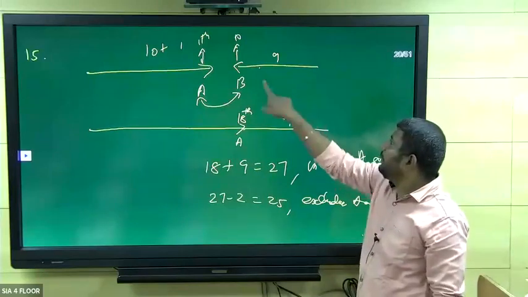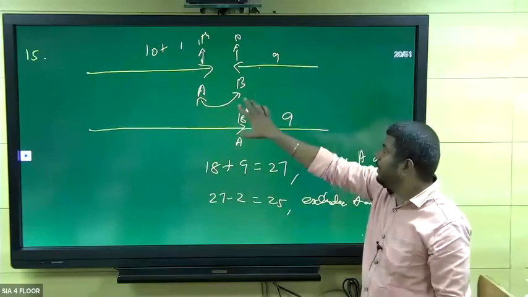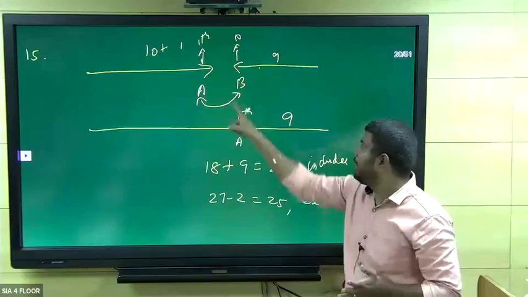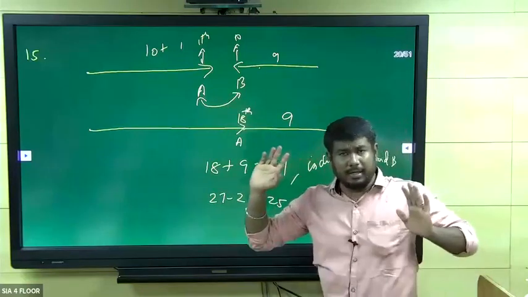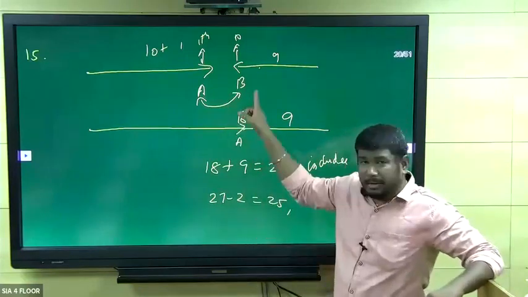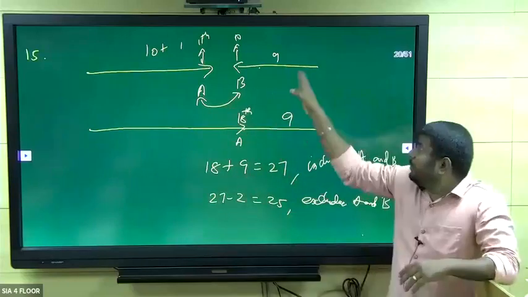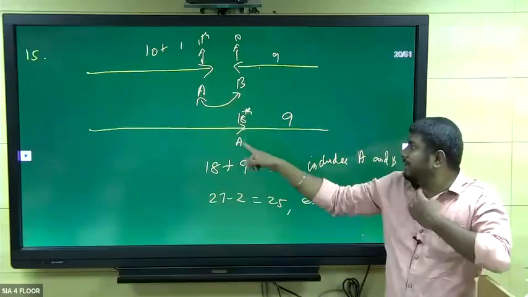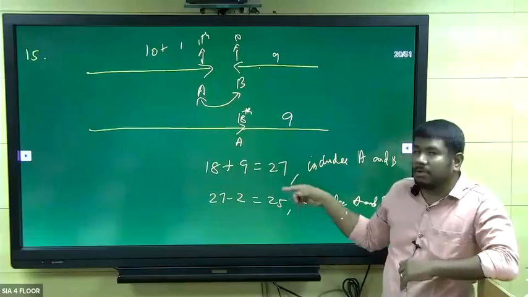So we are not going to disturb these 9 because changes are made between A and B only, right? Clear? Changes are made between A and B only. A is coming 18th. So here 9, totally 27.